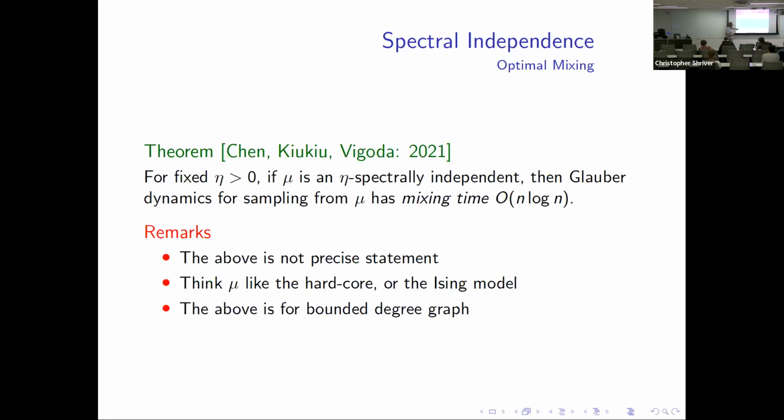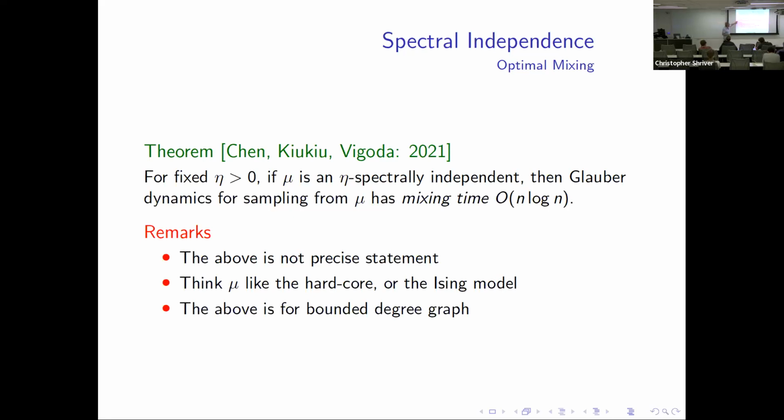Now this bound for mixing time has improved substantially. There has been intense study and effort to improve this result. The very early result I showed you for mixing time in the uniqueness region is basically the outcome of all these efforts.